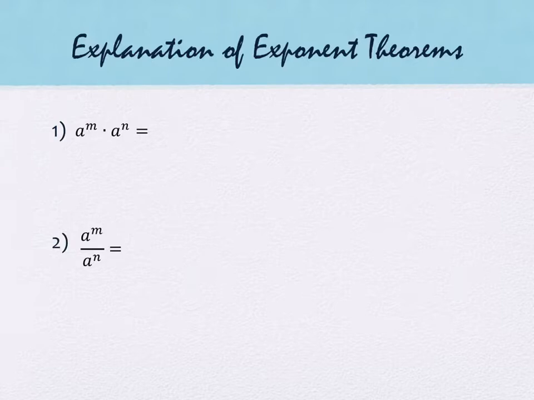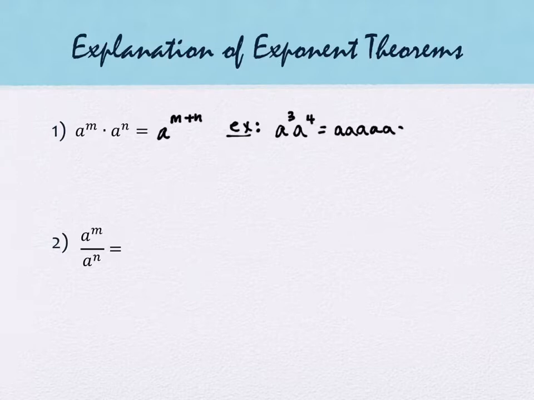So we just said a moment ago that this is a to the m plus n, and the example I'd like to show you is what happens when I have a to the third times a to the fourth. So what does a to the third mean? We would multiply a 3 times, and a to the fourth means I would multiply it 4 times, right?